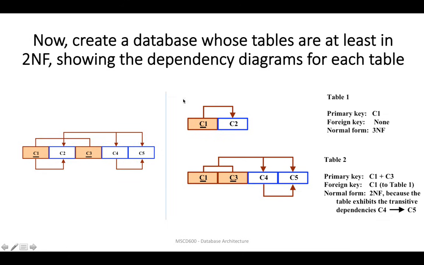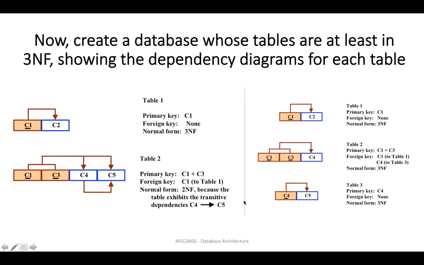So we can see that this table is right now in third normal form because there are no partial dependencies and no transitive dependencies. However, this one right here has only been moved to second normal form in this process because there's still a transitive dependency here.